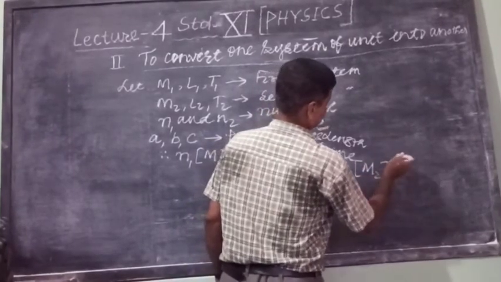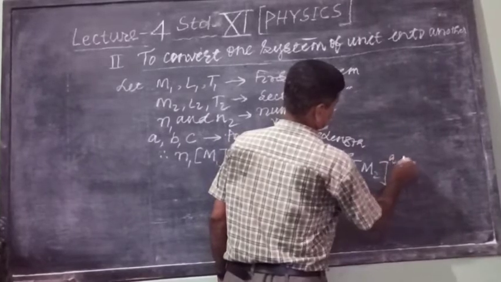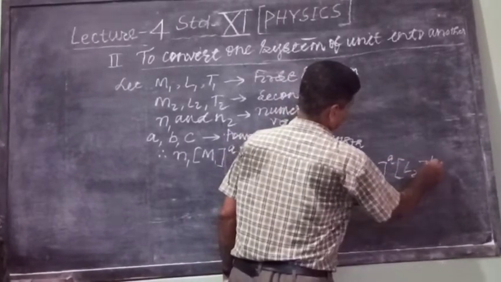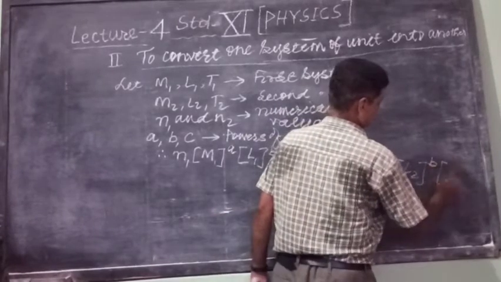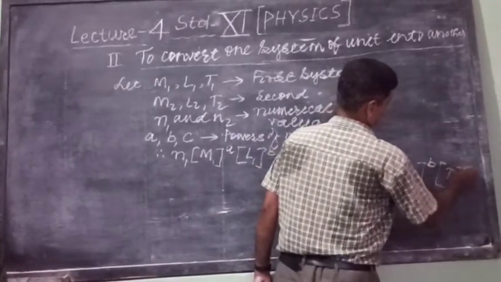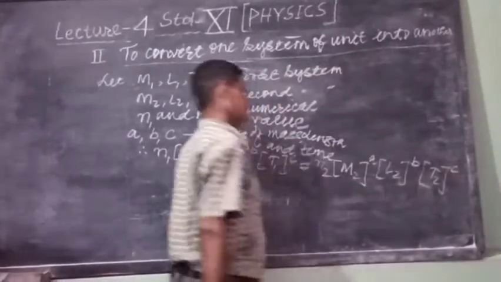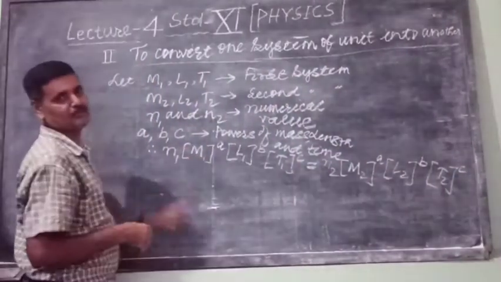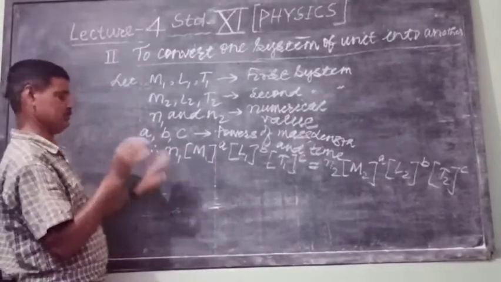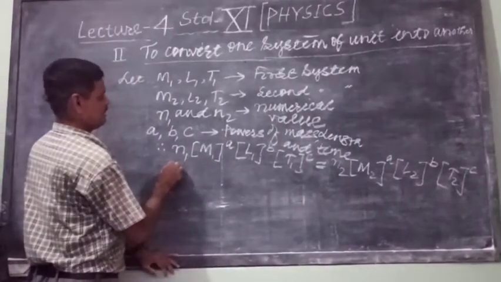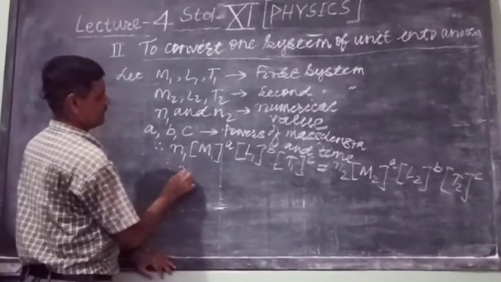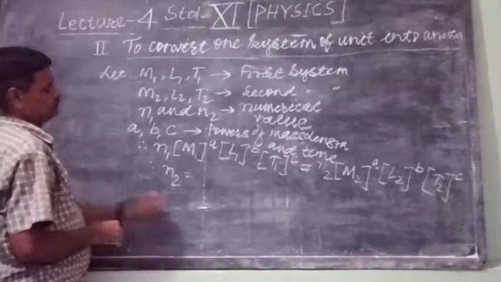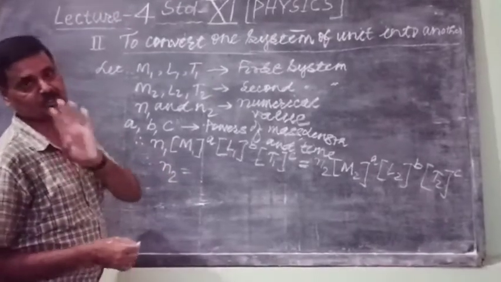There is no change in power. It is length L2 to the power b, and time T2 to the power c. These are the powers of mass, length and time of the first and second system of unit. The demand of the question is to calculate the value of N2, the numerical value of the second system of unit.